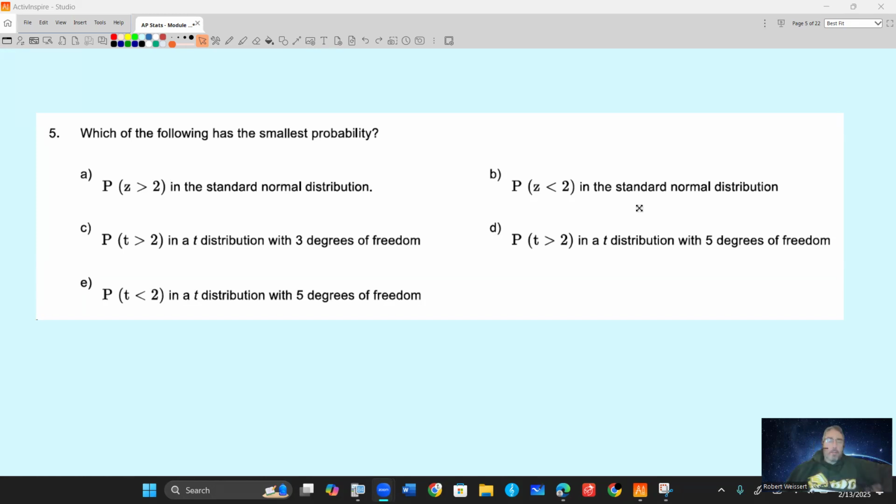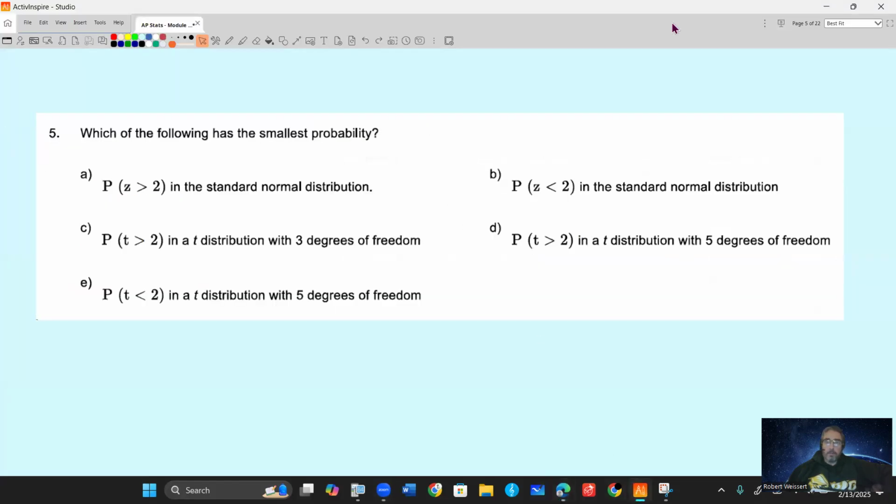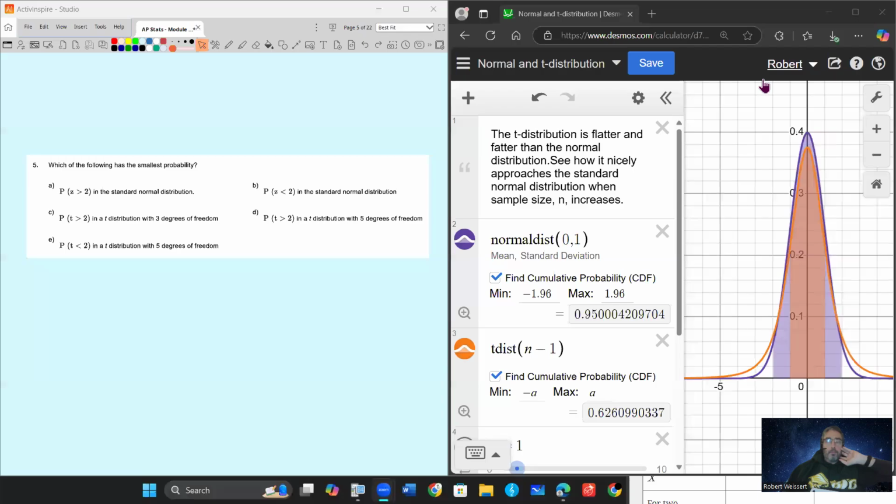It's kind of helpful in this problem to visualize a normal distribution versus a t-distribution. So let me remind you again what's going on with those. Let me do a little split screen here. All right, so let me hide the t-distribution for a minute.